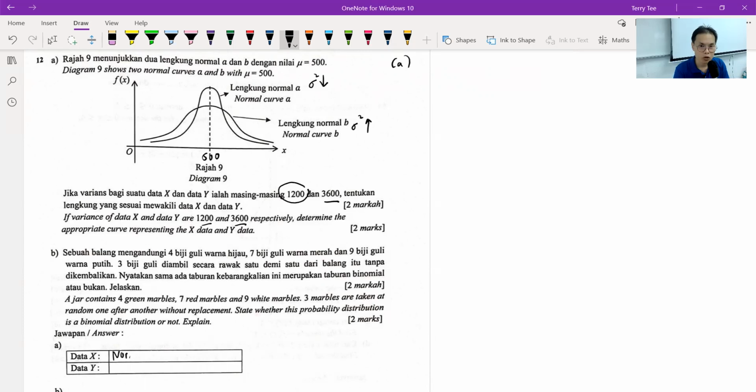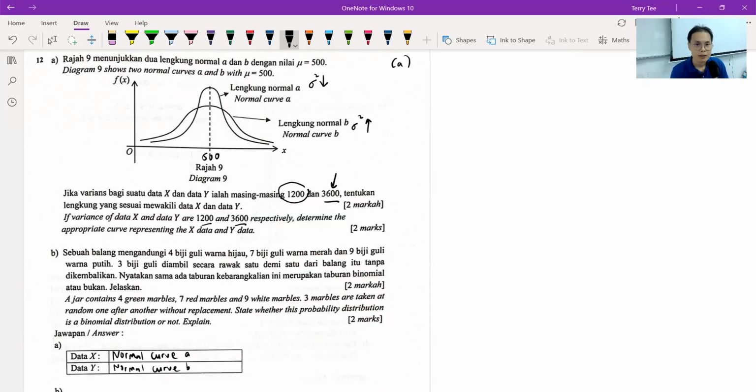So we say normal curve A. A is closer, so the variance is smaller. Data y must take normal curve B. Why? The variance is bigger. The graph is more spread out. The variance is 3600 is bigger. The graph is more spread out from each other. So answer is normal curve B.